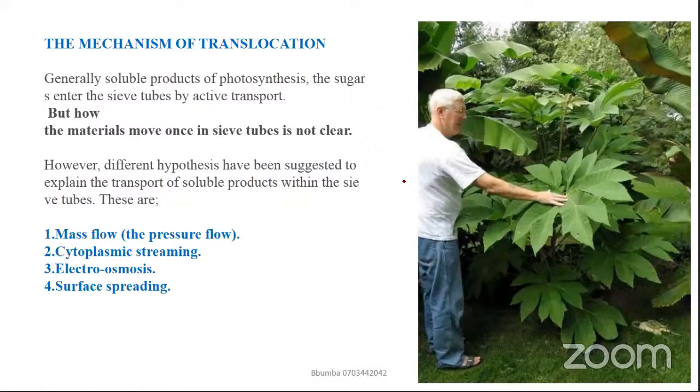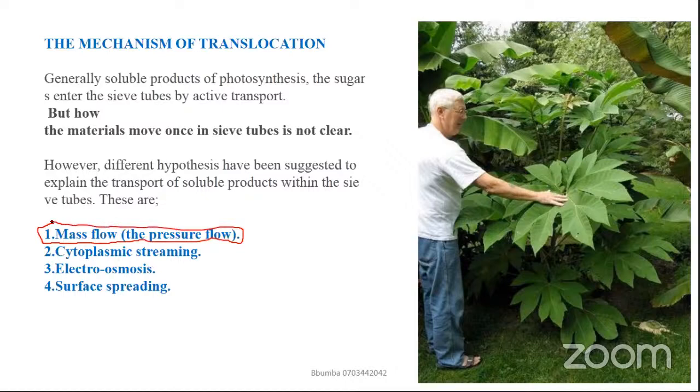Now today, we're going to expound on what we call mechanisms of translocation. We shall look at basically 4 different types of mechanisms, but for today, specifically, we are going to look at the mass flow hypothesis.